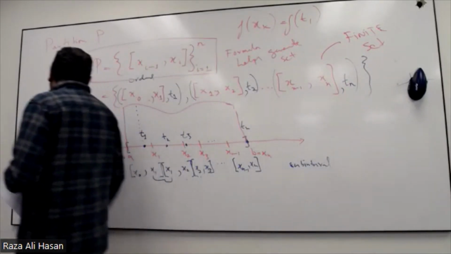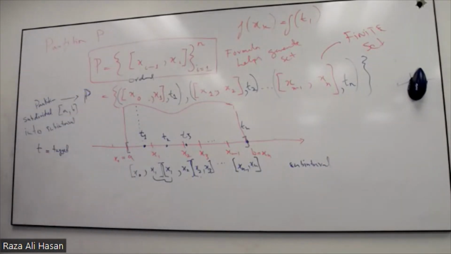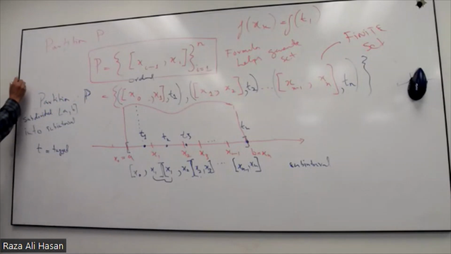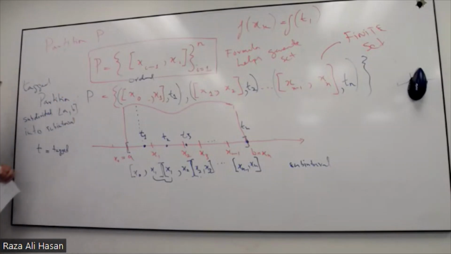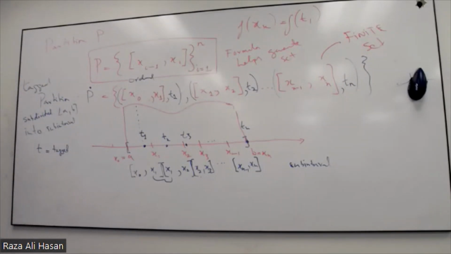Before, if we just had subintervals, we were using P. So this was just a partition. When we put in the tags, then it becomes a tagged partition. To represent that, we put a dot on top.